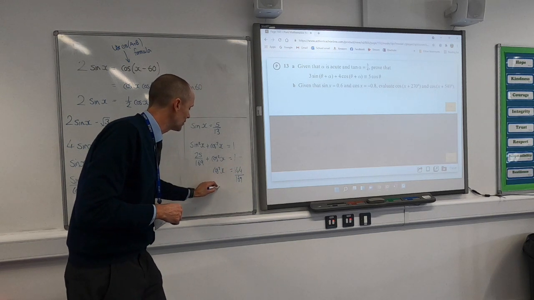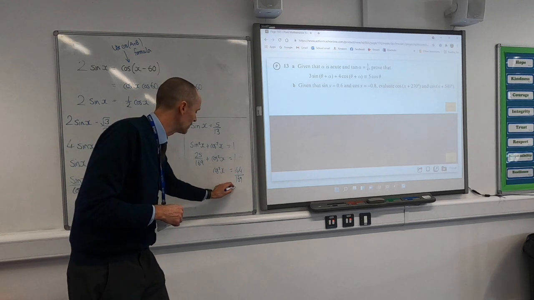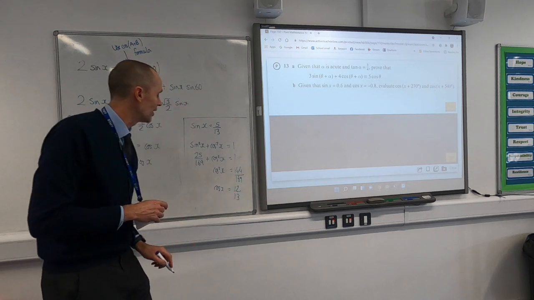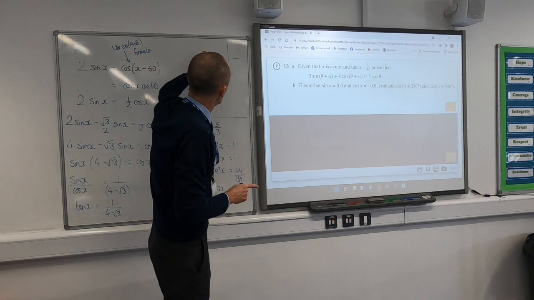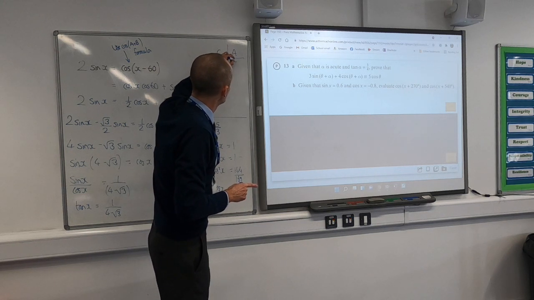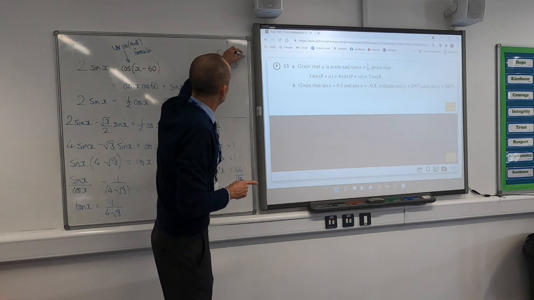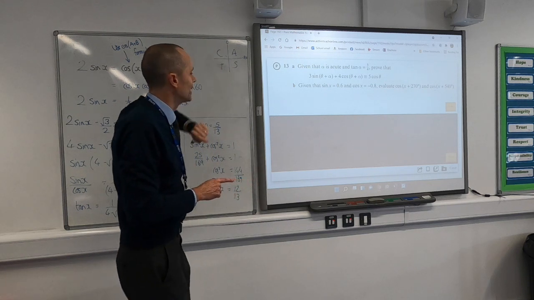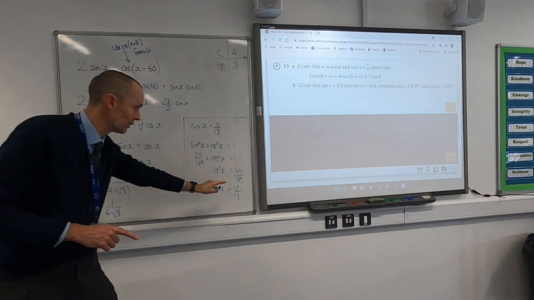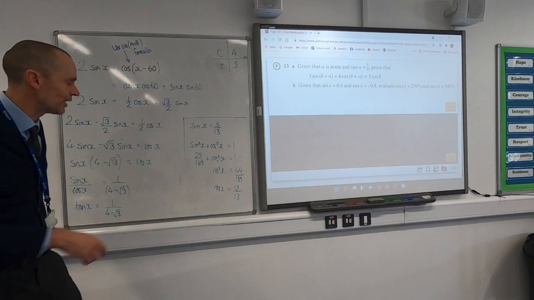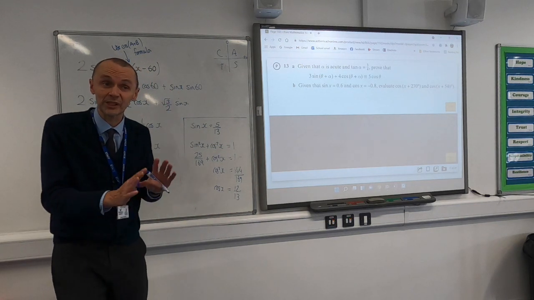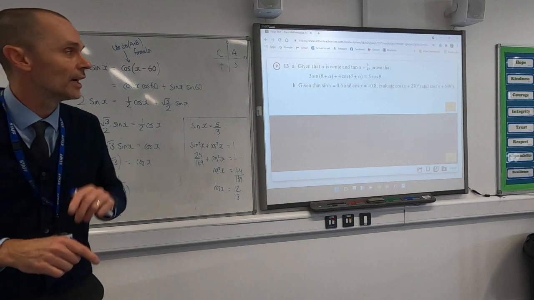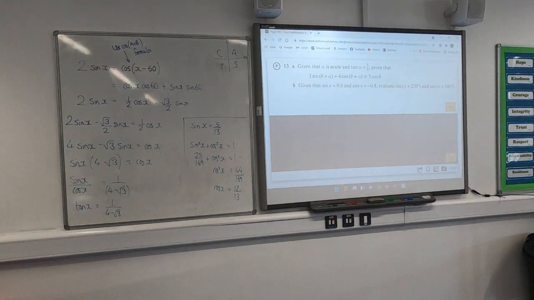So that means that cos x is the square root of that, which would be 12 over 13. And I'd normally write plus or minus, but because I was told the angle was acute, between 0 and 90, I know that sine, cos and tan are all positive, so it's only positive. And once I know sine x and cos x, I can do that divided by that to get tan x. So that was a technique that we did cover last year, and I reminded you of on Friday.